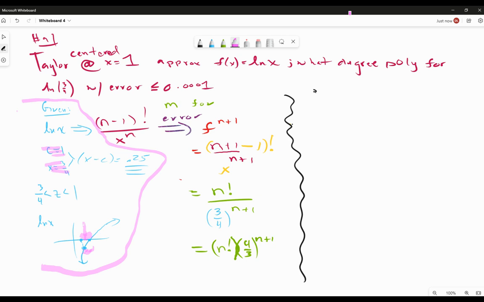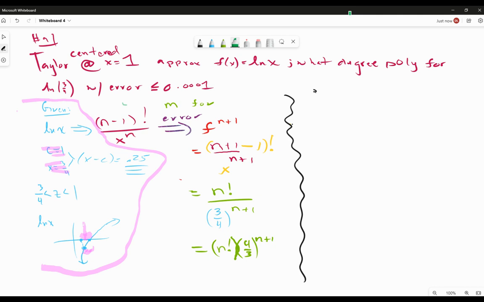So when we deal with that, we know that's the value we have to deal with for our f of n plus 1. This is where memorizing your generic formulas helps.